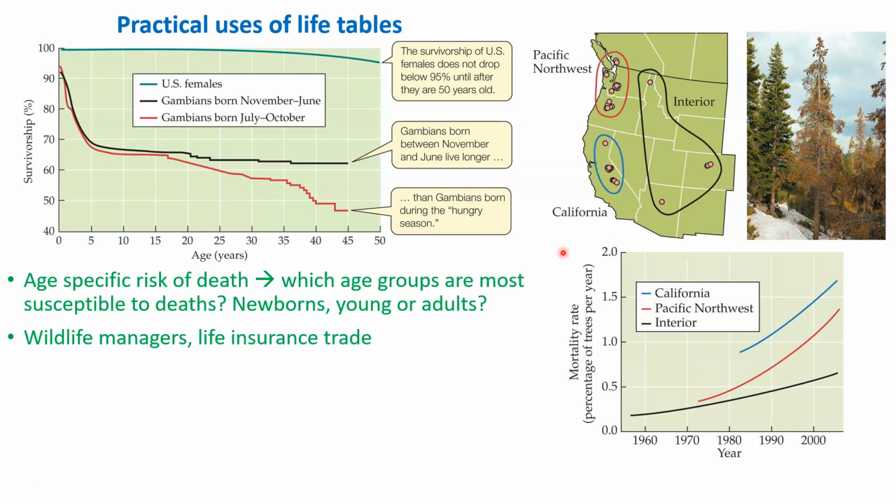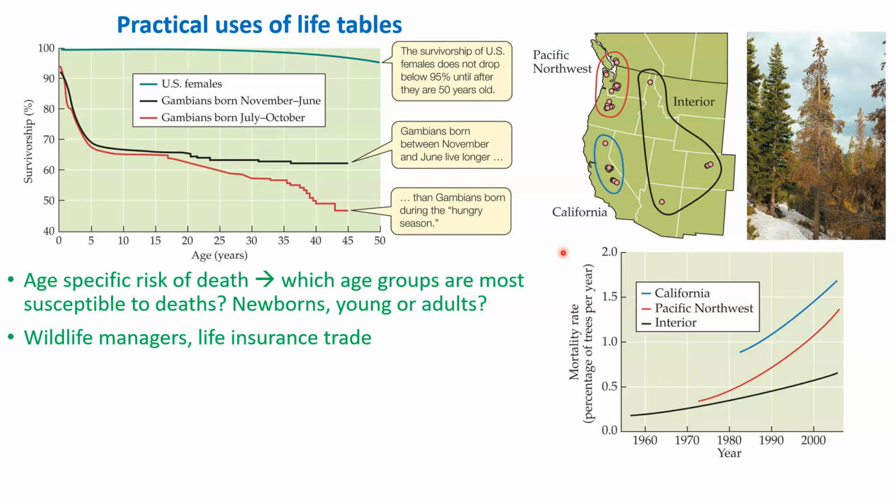That is important in wildlife management, in conservation, as well as in the insurance trade. Let me talk about the insurance trade first here, because it's more applicable to you. For me, wildlife is more applicable. So in the life insurance trade, they actually do use these kinds of ecological principles, right?